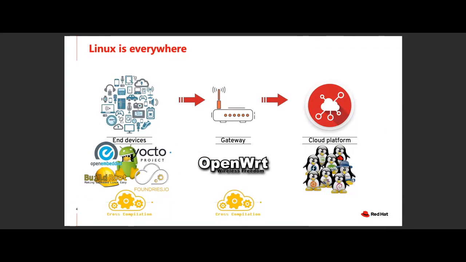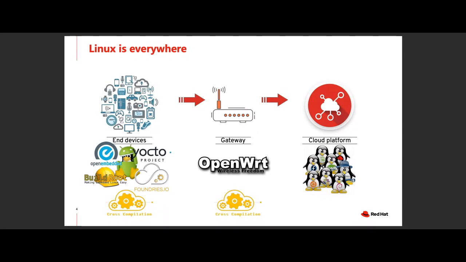You can see Linux distributions everywhere, from end devices like embedded systems, OpenEmbedded, Yocto, Buildroot, and even the Android system. Then you can see OpenWRT on gateways or edge computing. The common feature in this area is that they are all built by cross compilation.